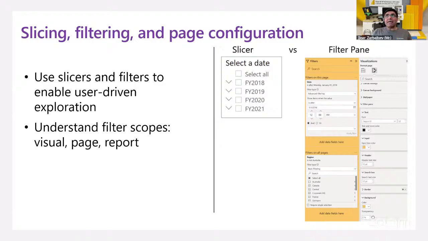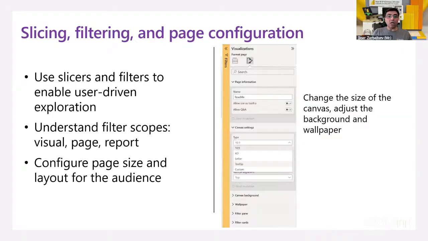Both slicer and filter pane filter data, but a slicer is a visible on-canvas control your end users can interact with, while the filter pane is more of an authoring time tool, although it can also be exposed to viewers.